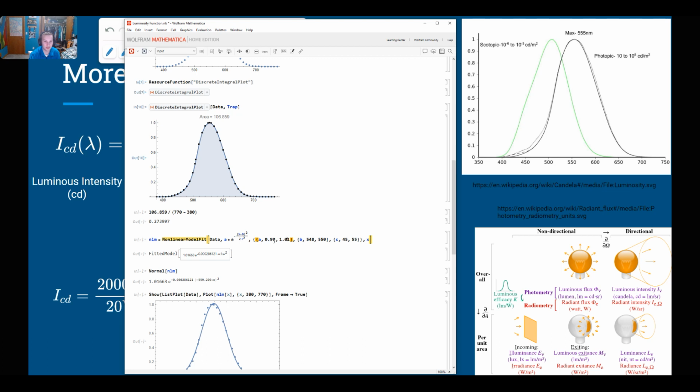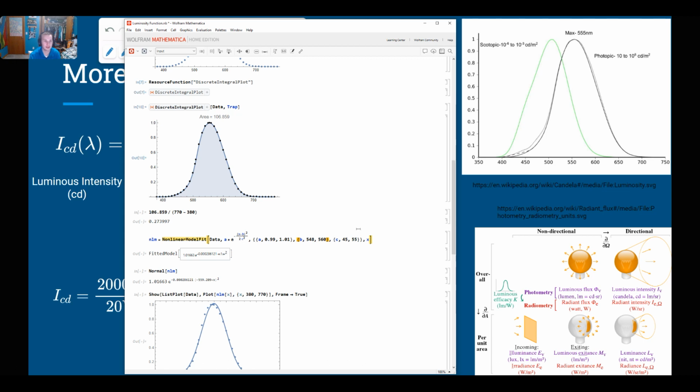For A, I know it's got to be close to 1. The maximum value of my function is 1, so it's got to be pretty close to that. For B, I'm actually going to change this really quick, because I think maybe I tried something different. There we go.